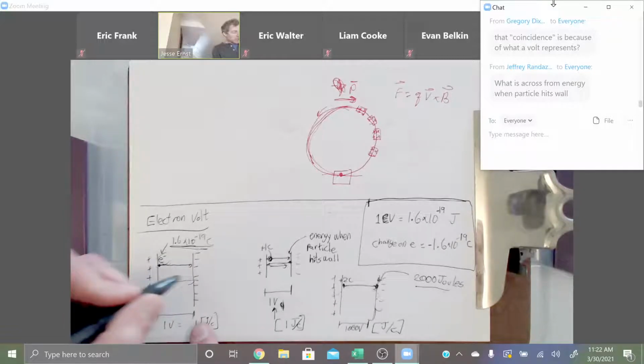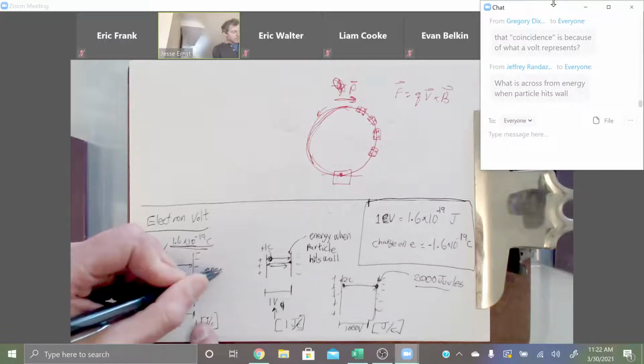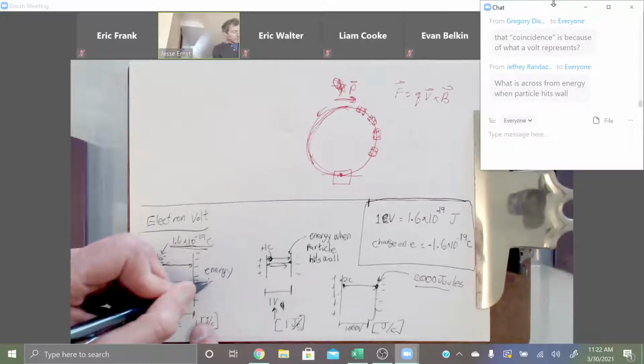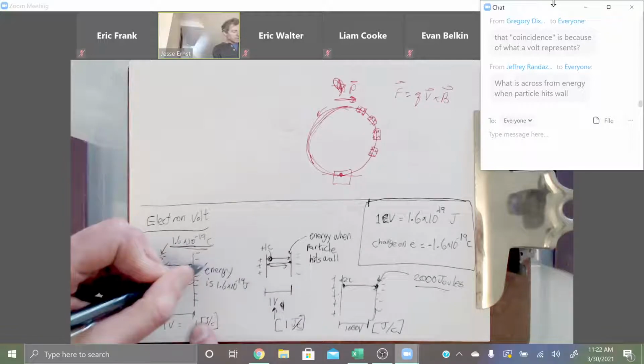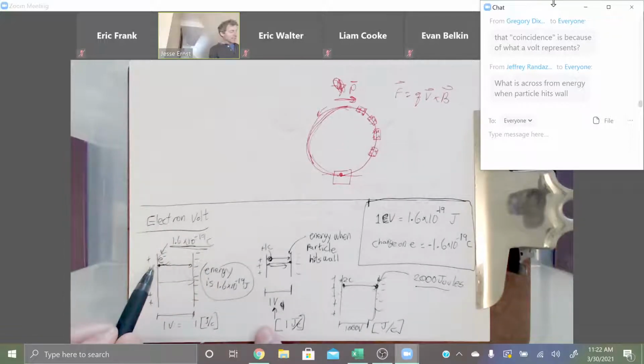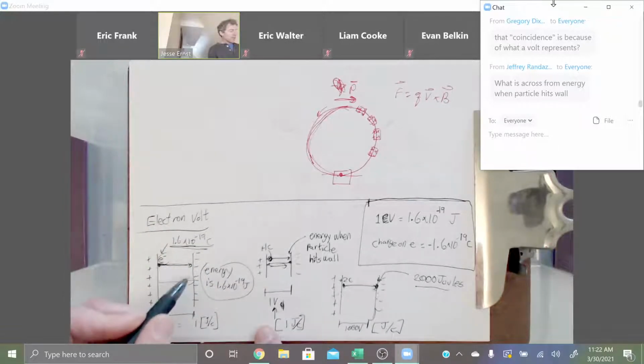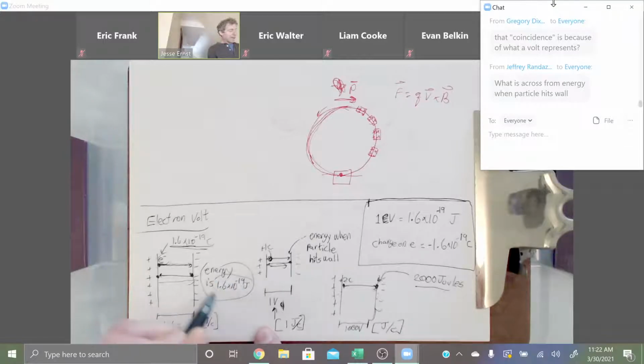And so the energy needed is 1.6 times 10 to the minus 19th joules. That's how much energy it costs to push an electron from there to there, or how much energy I get back if I let an electron fall from here to there. When it smashes into this wall, it'll have that many joules of energy.